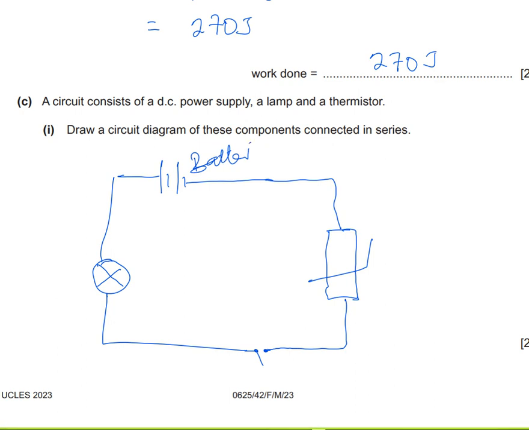Actually here you can say battery, to be more clear. Then this is a lamp, and then this is a thermistor. So those are the components connected in series.